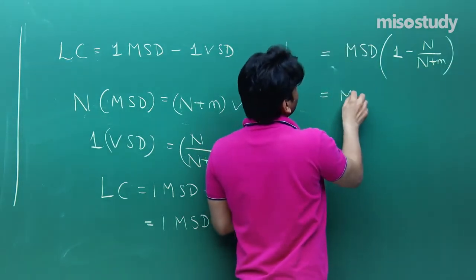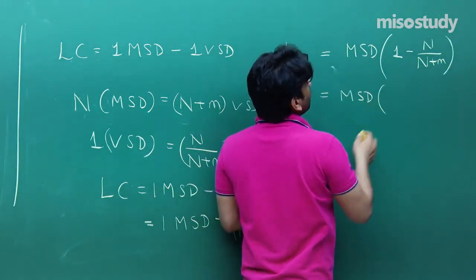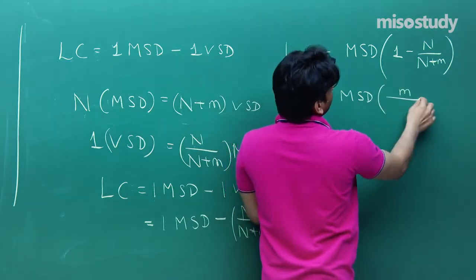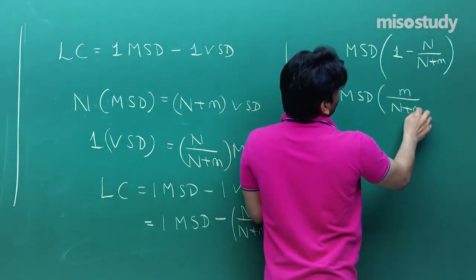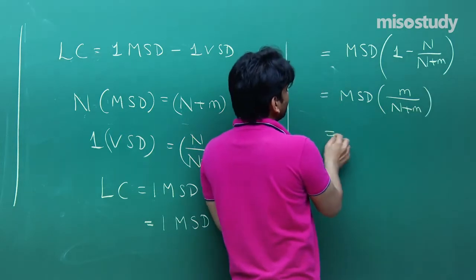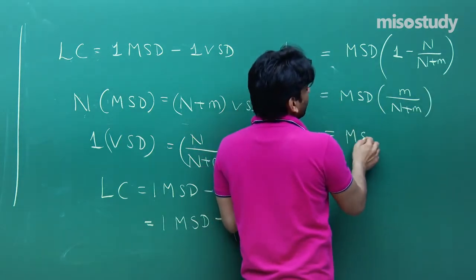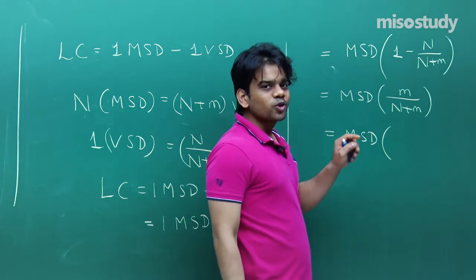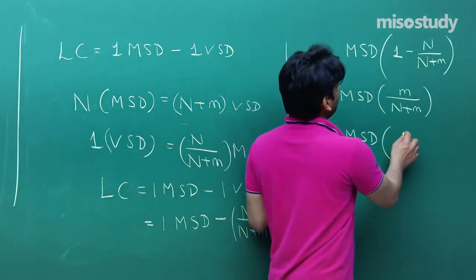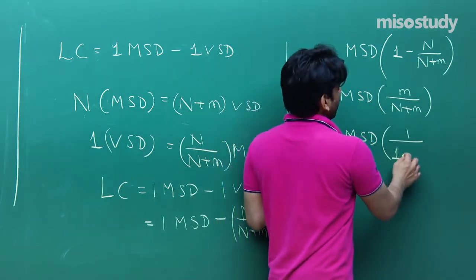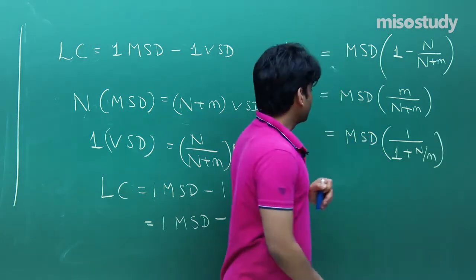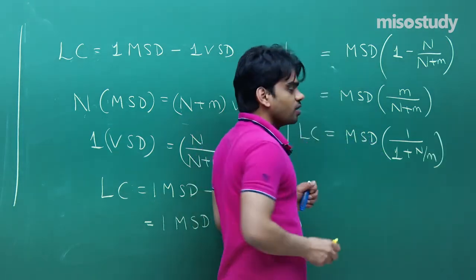You will be having 1 main scale division multiplied with n plus m minus n, you will be getting m upon n plus m. Simplify it further. So this will be 1 main scale division, divide by small m both numerator and denominator, we will be obtaining 1 upon 1 plus n by m. This is the value of least count.